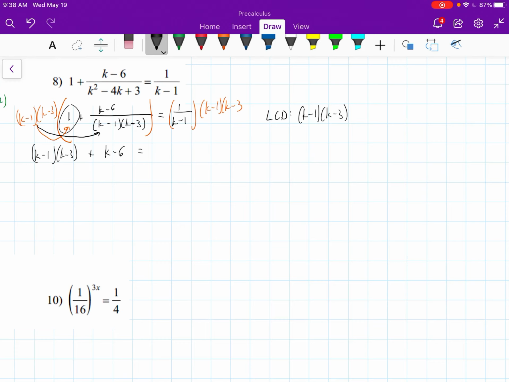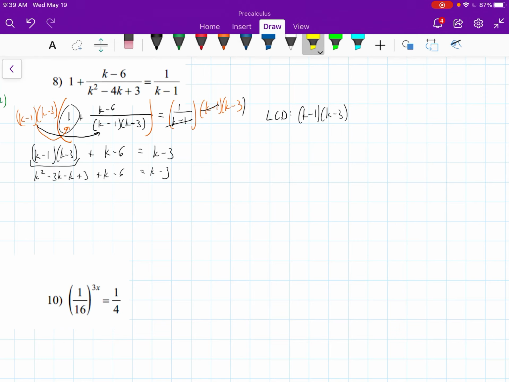And then equals, on the right side, just the k minus 1 will cancel. So we have 1 times k minus 3. And now we have to solve this equation. We'll multiply this first one out. That's k squared minus 3k minus k plus 3 plus k minus 6 equals k minus 3.